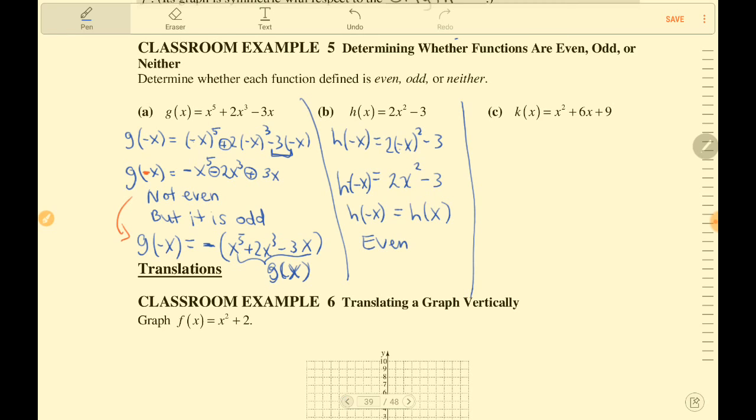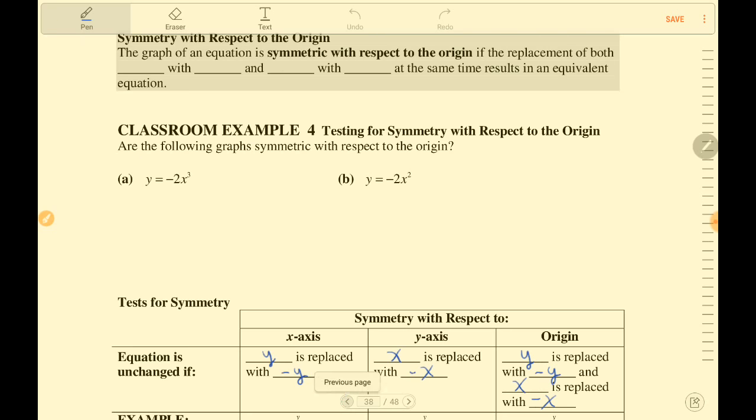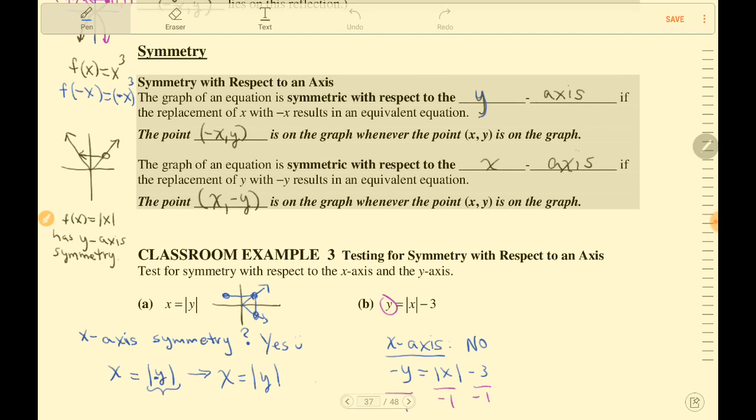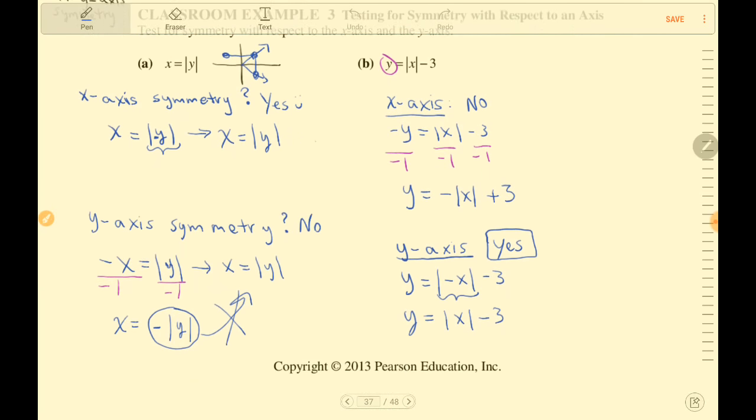Right, so when we're testing for symmetry, remember what we had to do is replace y with a negative y and see if we got back the same thing, and we also had to replace x with negative x and see if we got back the same thing. So we had 2 different things to do there, and it is possible for a function to have x-axis symmetry and y-axis symmetry.